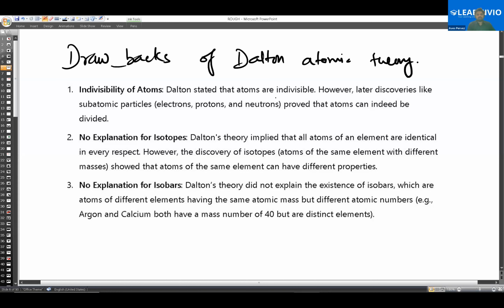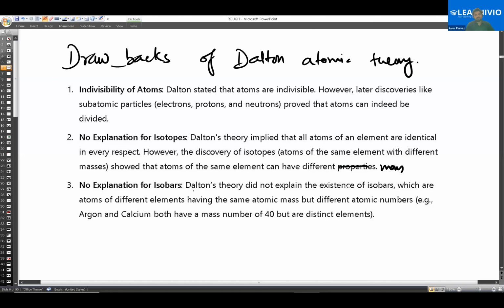However, with the discovery of isotopes, atoms of the same element have different masses. This shows that atoms of the same element can have different masses, not properties. You can write different physical properties, or you have to write different masses.